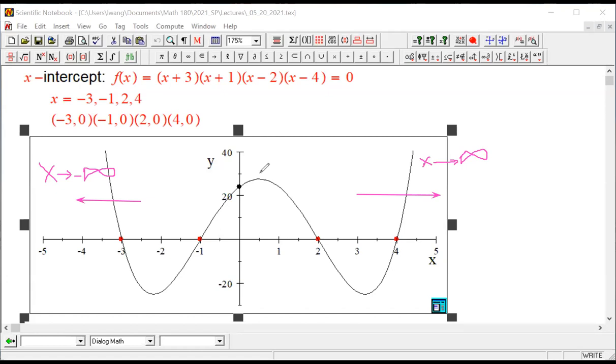And we just talked about the leading coefficient, right? In both cases, x raised to the power 4 approaches positive infinity. That's why the curve goes up on both sides.